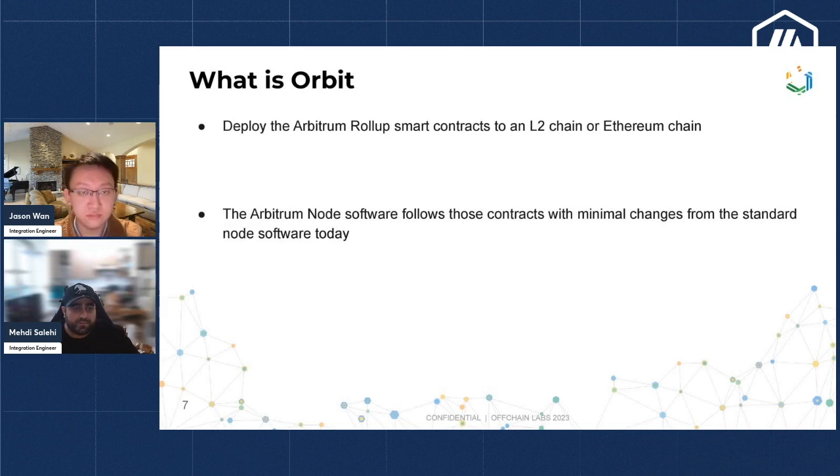So with Arbitrum Orbit, you would deploy Arbitrum rollup smart contracts to an L2 chain or Ethereum, and you would use the Arbitrum node software with minimal changes to run that chain.